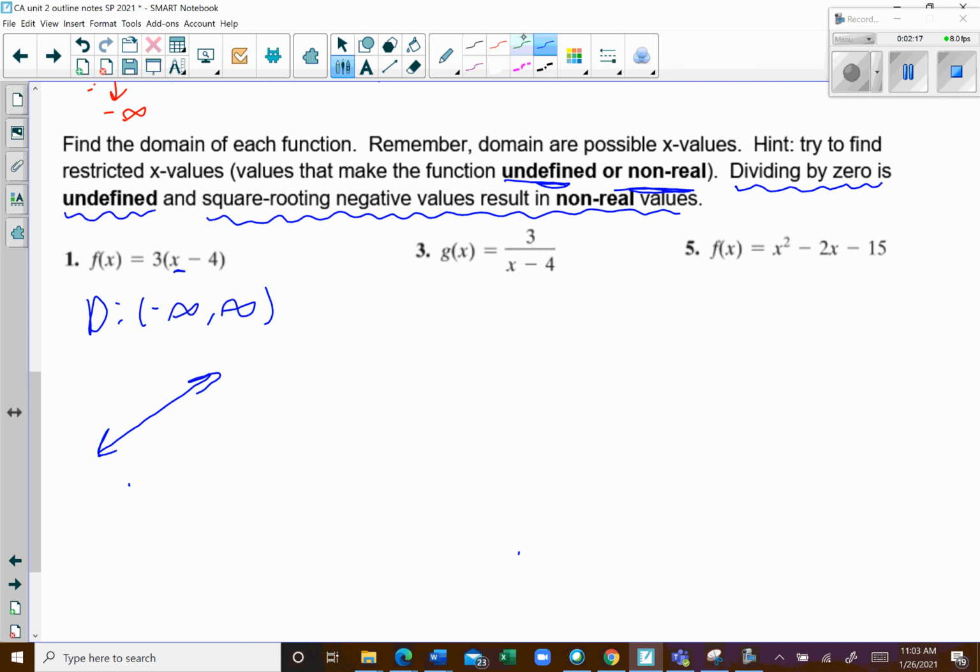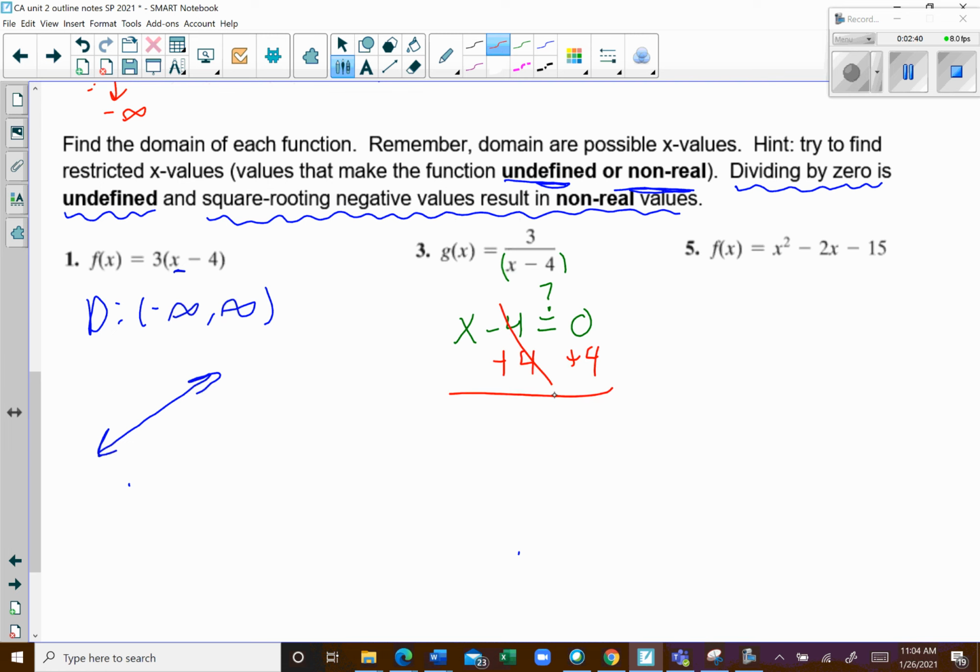Okay, number 3, we do have an issue here, and the issue is we do have a fraction. And so remember, you can't divide by 0. So what you want to do is figure out what would cause the denominator to equal 0. So we take that, set it equal to 0, and solve this. This should be fairly simple. We'll add 4 to both sides.